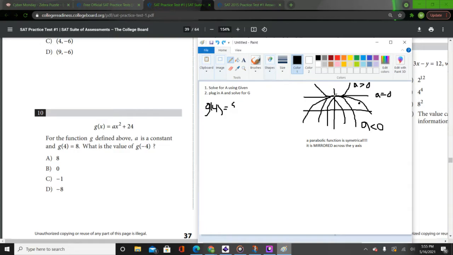There are other functions that are a bit different, such as ax squared plus bx plus c, the constant. This is a bit more like this, where this is c.